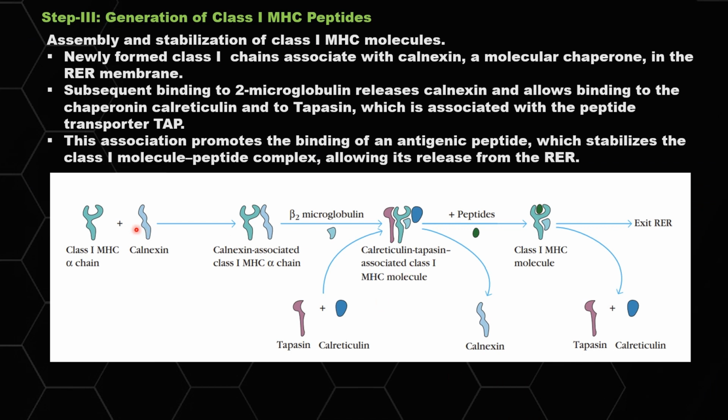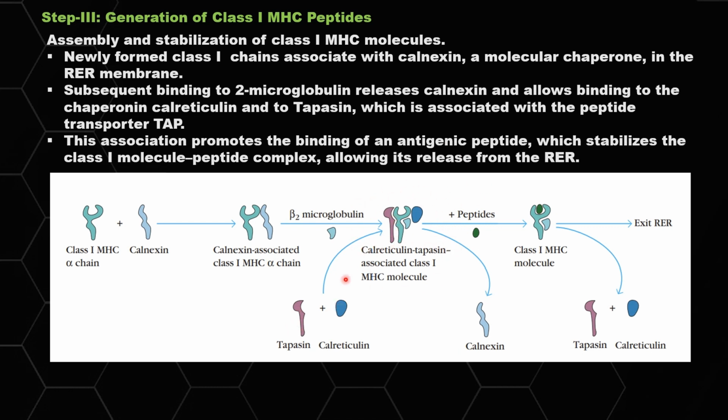If you could see here, the class 1 MHC alpha chain and calnexin associate and maintain the chain, and once beta 2 microglobulin binds to the class 1 alpha chain, the calnexin gets dissociated and calreticulin and tapasin come to bind to this complex.